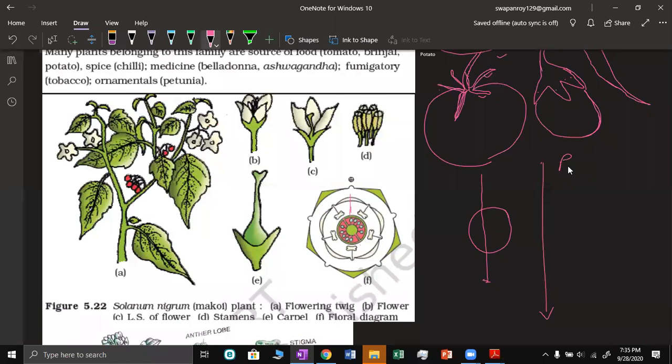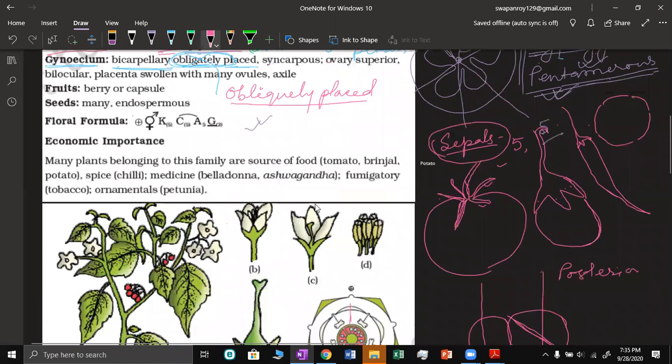This is the posterior side. This is the anterior of the flower. When the ovary is placed, the partition should be like this. But here the ovary partition is like this, not anterior-posterior. So this is called the ovary is obliquely placed.